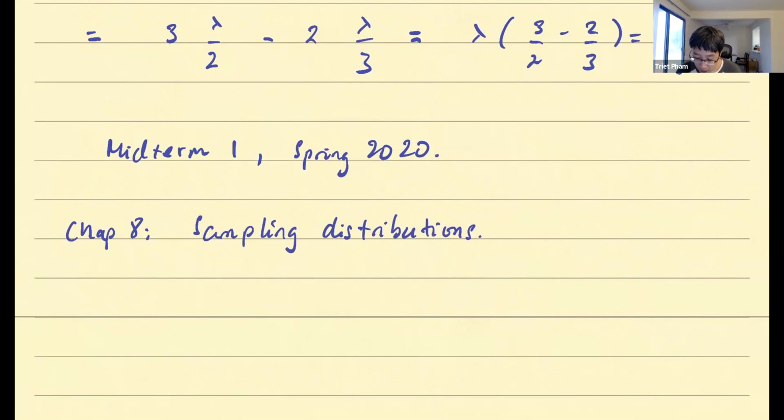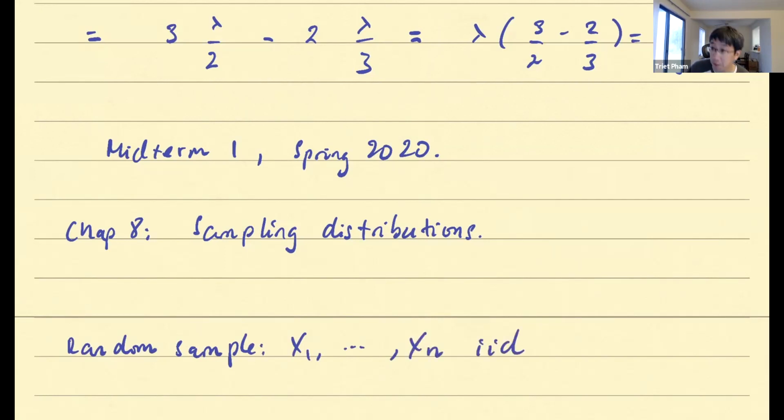And so to remind you, what is chapter 8 about? Chapter 8 basically introduces you to the whole statistical context of the random sample. By a random sample, what we have in mind is always a sequence of IID random variables, and these IID random variables come from the same distribution.